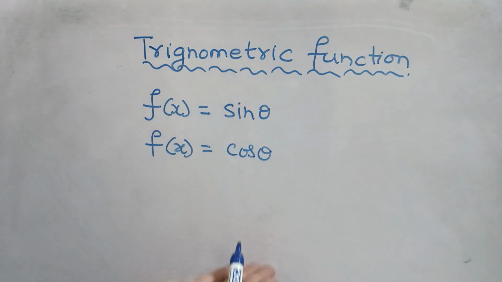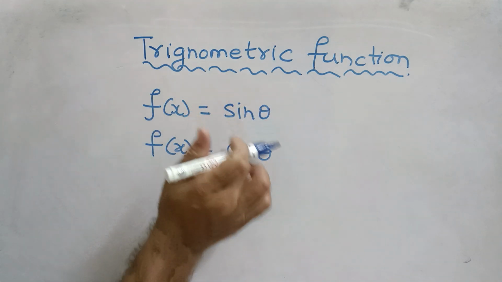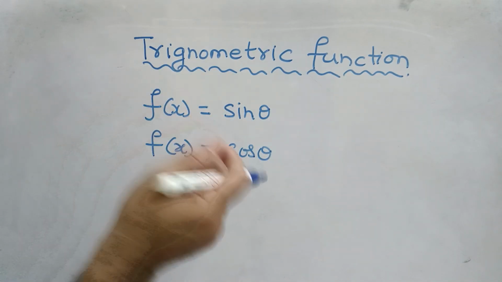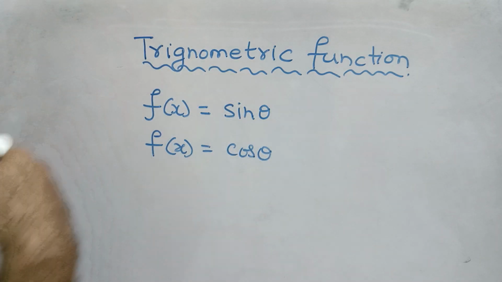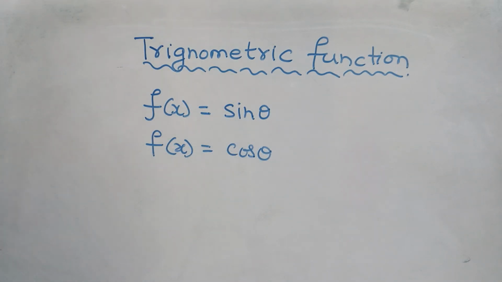These are the various trigonometric functions, and sometimes the function will be given in terms of trigonometric functions, and you will be asked to find the differentiation of these. At least you should remember a few of them.